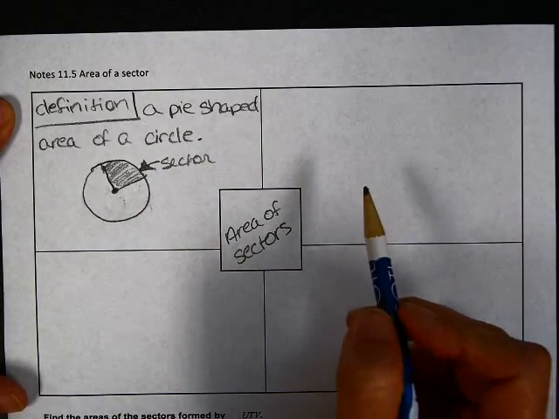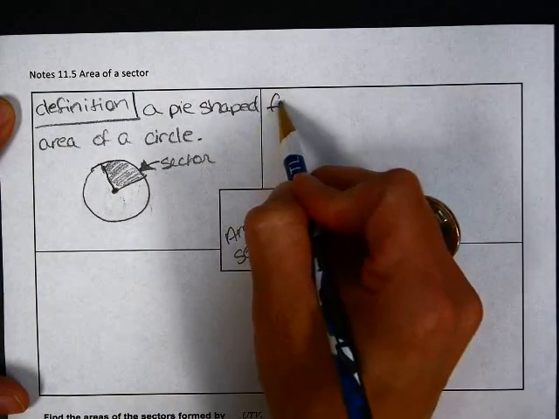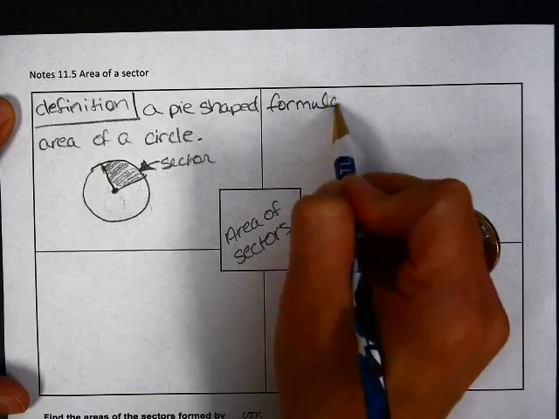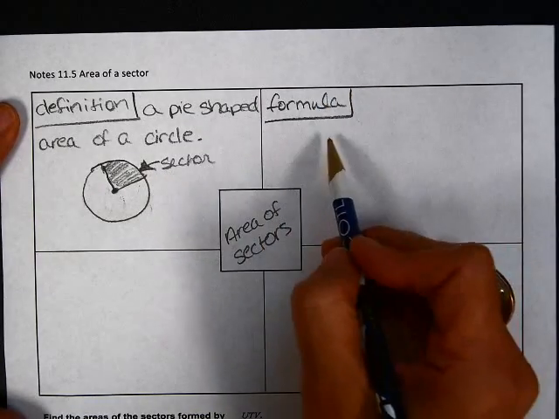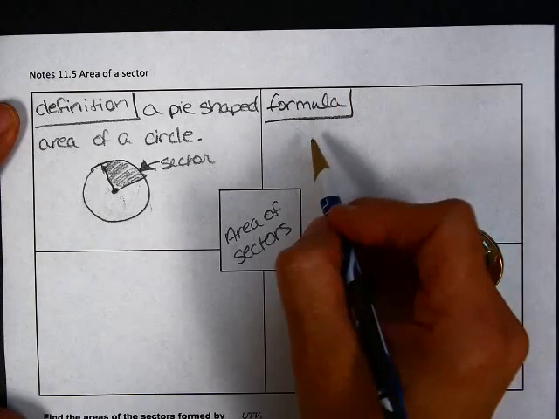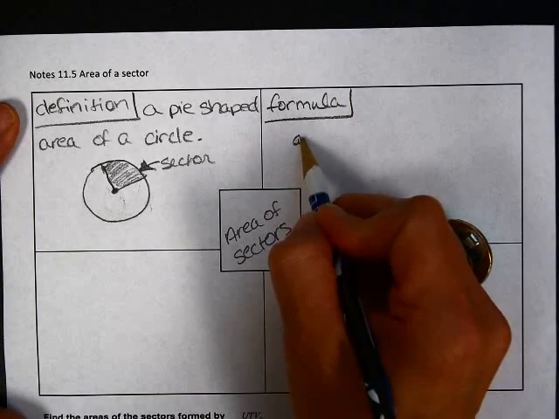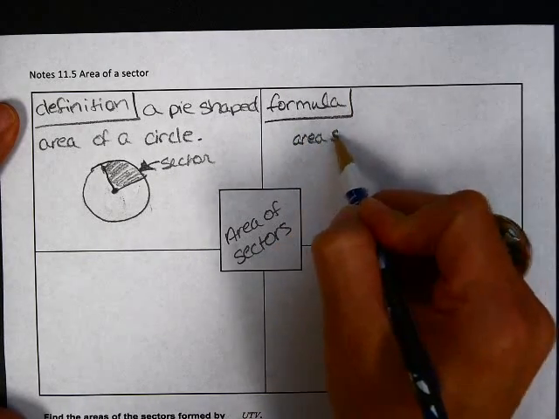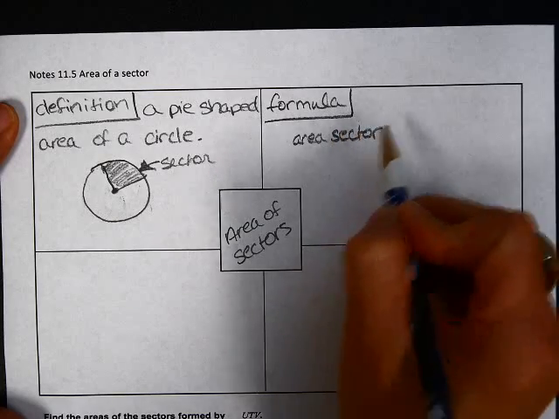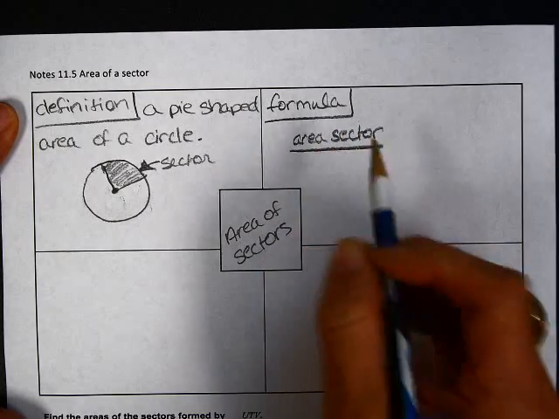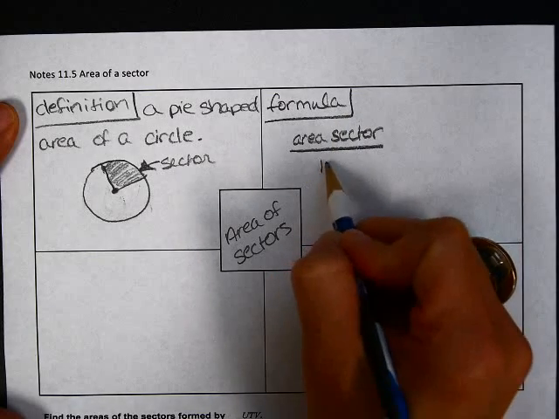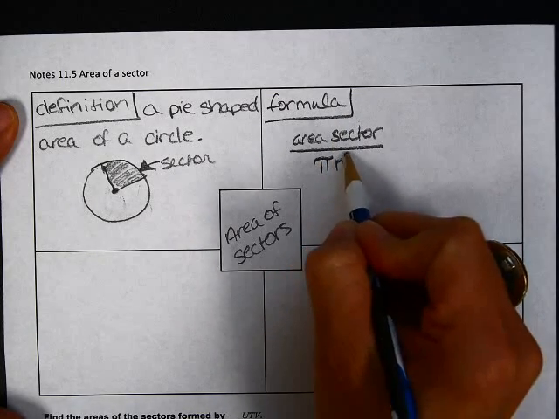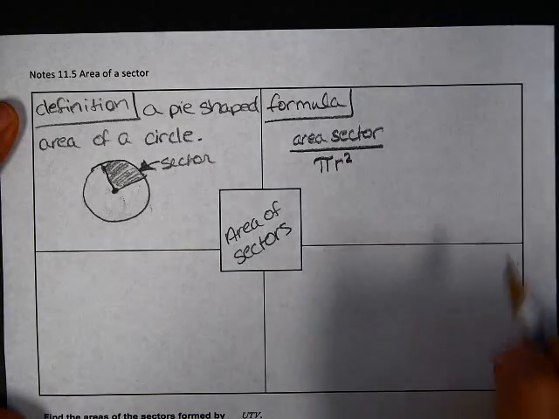Now then, the formula for finding the area of a sector is just like that of the arc length, but instead of putting arc length, we're going to put area of sector. The area of a sector is a portion of the area of a circle, and to find the area of a circle, it's pi r squared.